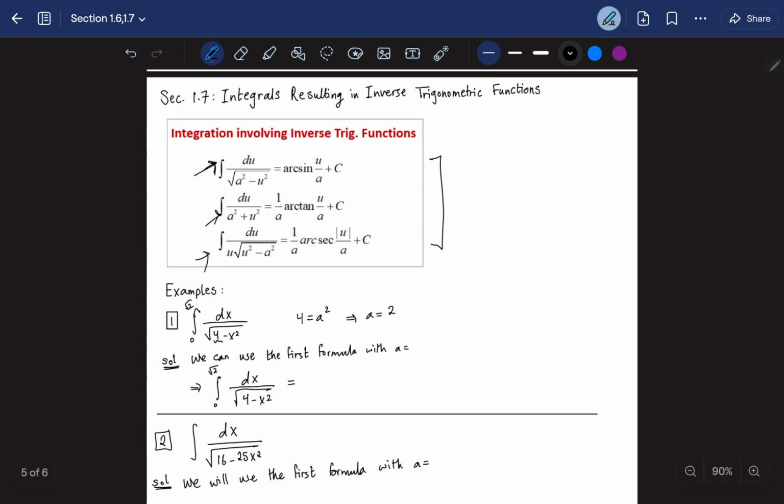Then a is just going to be 2. Okay, so now if you apply it, this is just sine inverse of x over 2 from 0 to the square root of 2. So this is just sine inverse of radical 2 over 2 minus sine inverse of 0. Using the unit circle, this is just pi over 4 minus 0, so it's just pi over 4.